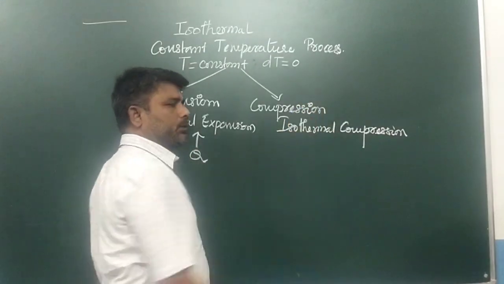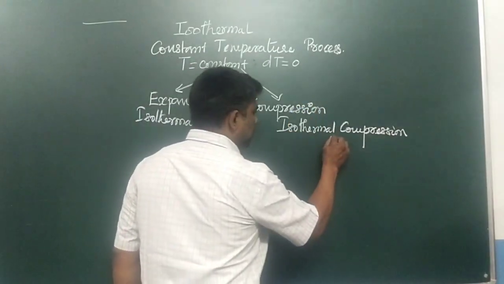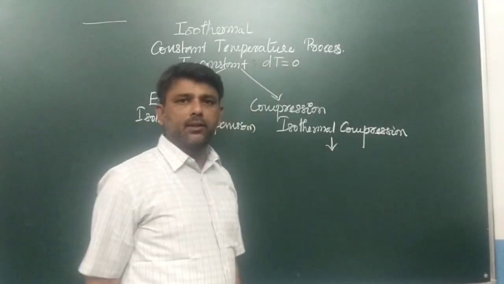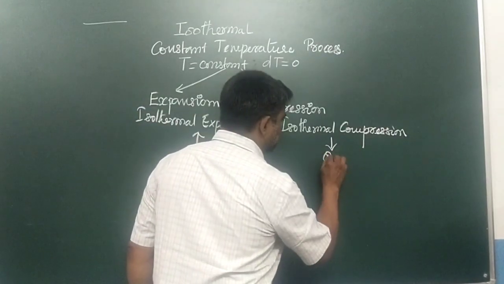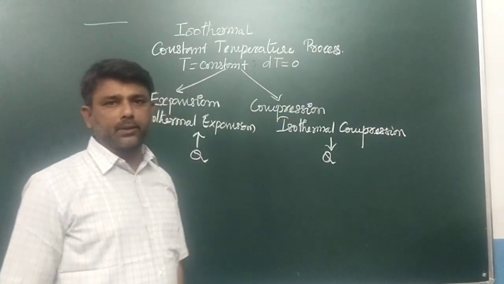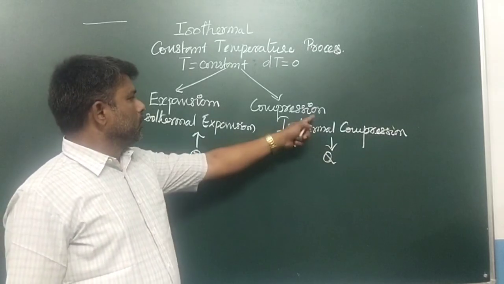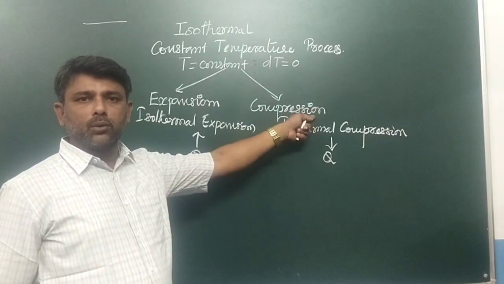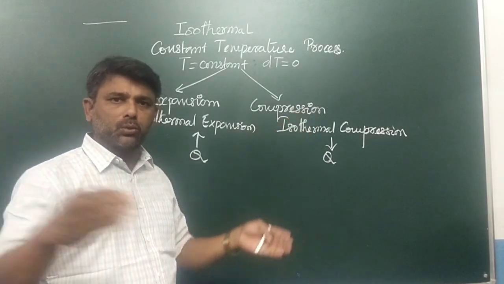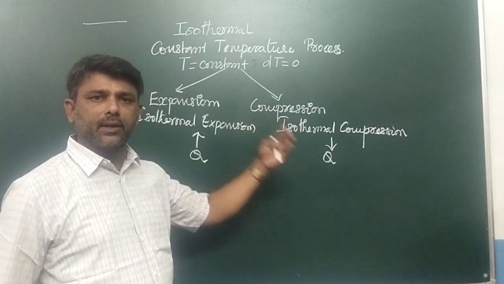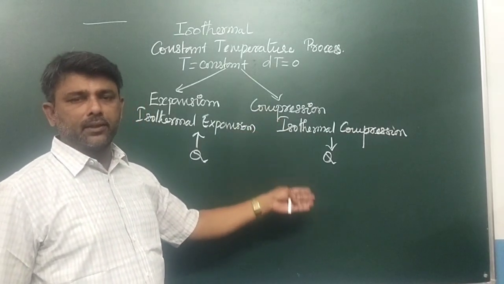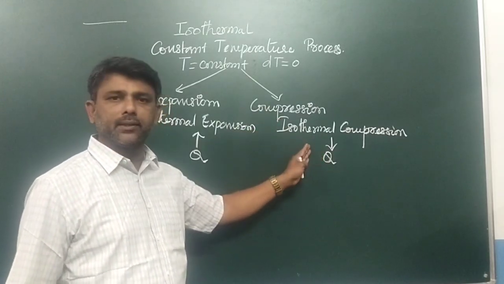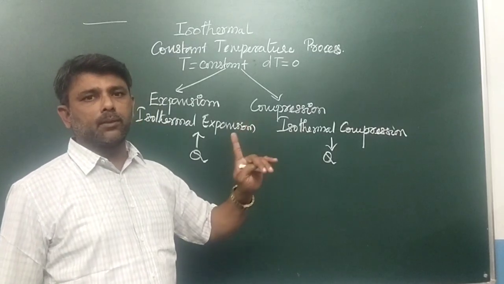During isothermal compression, we must release a certain amount of heat from the system in order to maintain the temperature. If you are going for compression, the molecules will come closer to each other, hence it definitely releases a certain amount of heat. The same amount of heat should be released in order to maintain the system temperature.